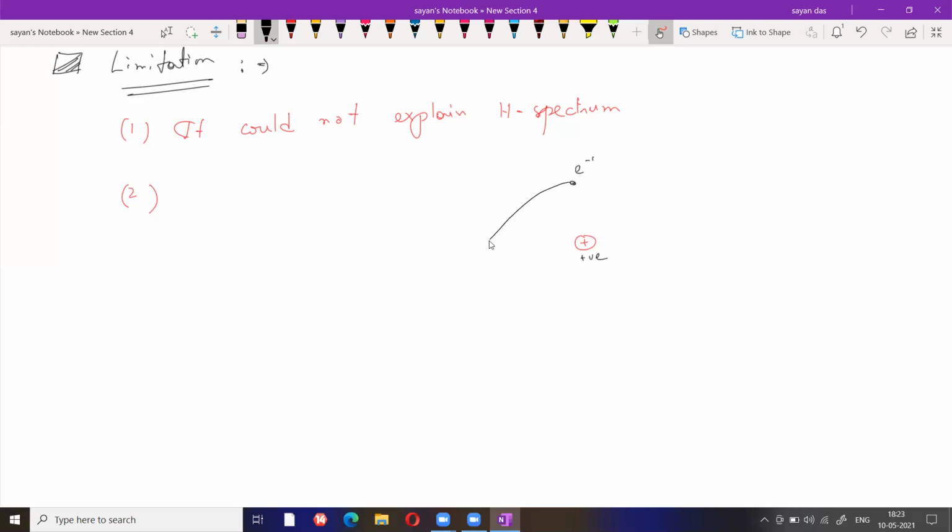When the electron is moving around the nucleus, due to attraction, it can emit some energy.